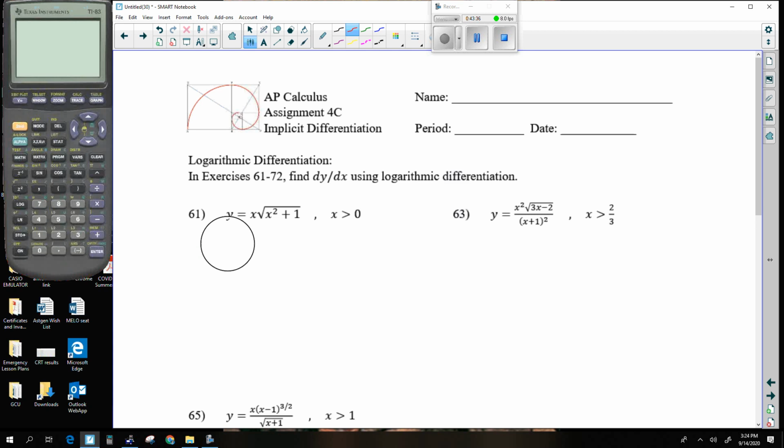Okay, I see the trick. And I think I kind of taught you this before. This is the same thing as saying an x squared on the inside. So this is going to be x to the fourth plus x squared. I think that's the idea of logarithmic differentiation, maybe.